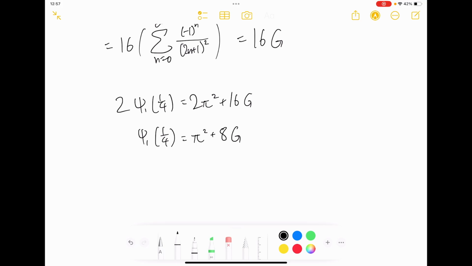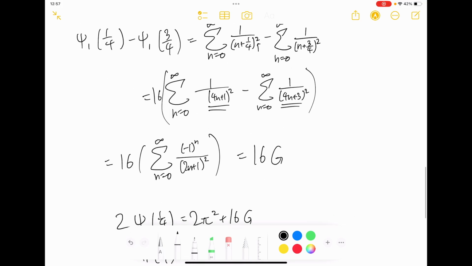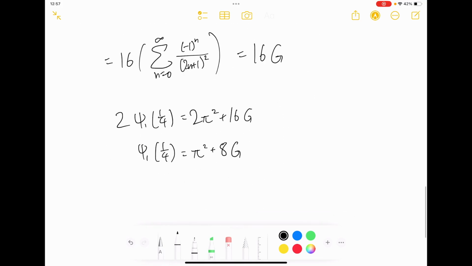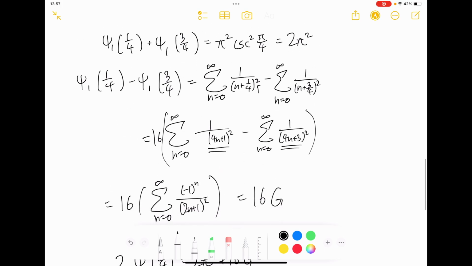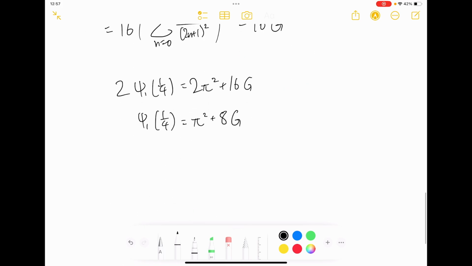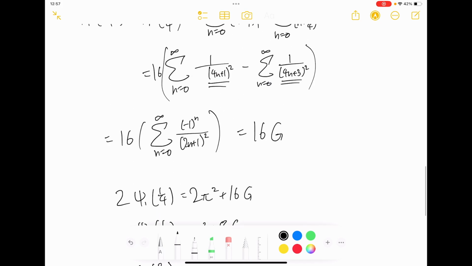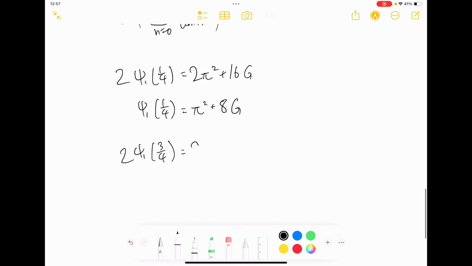And there we go. We can literally just sub it in, but why don't we subtract the two equations instead? So this minus this gives us twice the trigamma of 3/4 equal to 2 pi squared minus 16G, which means psi 1 of 3/4 is just pi squared minus 8G.